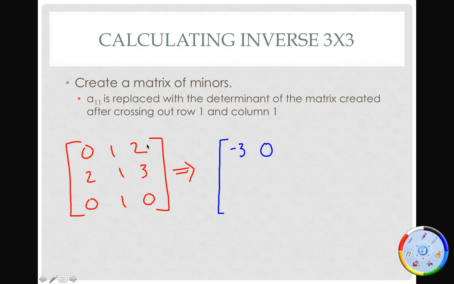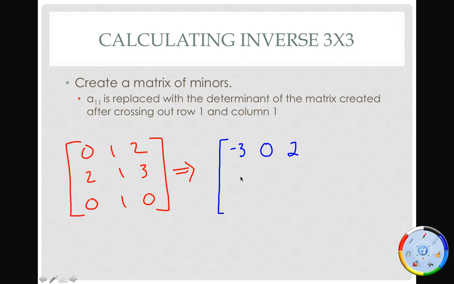I probably wouldn't cross things out all the time if I were you, because things get messy. I cross out the next row, and 2 times 1 minus 1 times 0 is 2. Then you continue this process down, and once you get the hang of it, you don't need to cross these things out anymore.